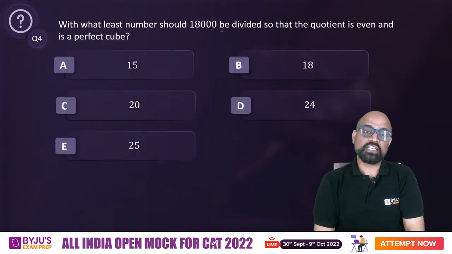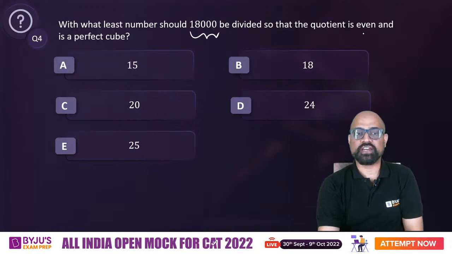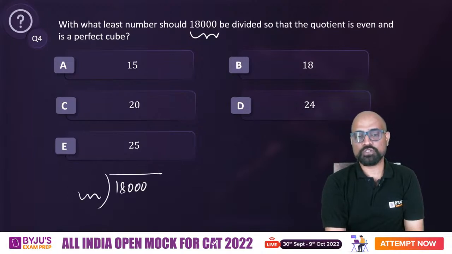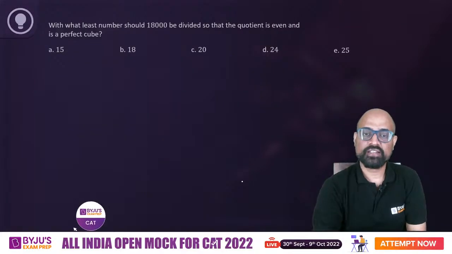Next, with what least number should 18,000 be divided so that the quotient is even and is a perfect cube? So what you have to do is take 18,000 divided by some number so that this quotient you are going to get should be even and a perfect cube. Since we already have the options, it's going to be very easy, right?